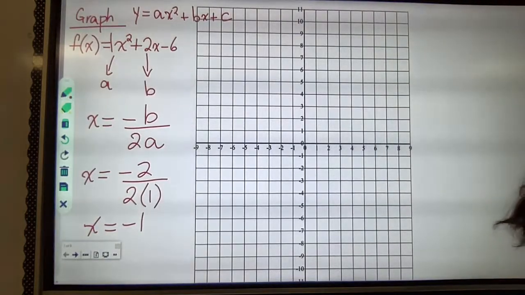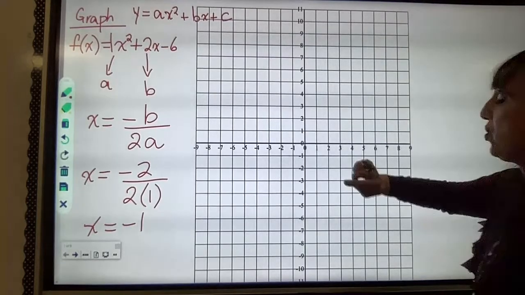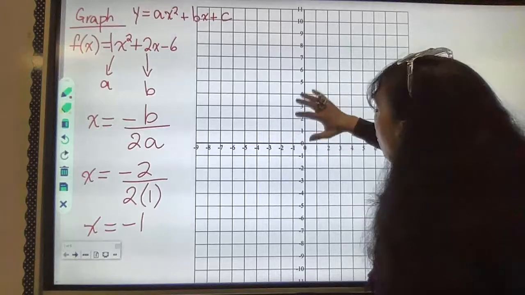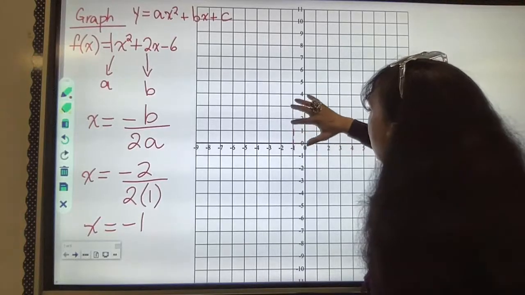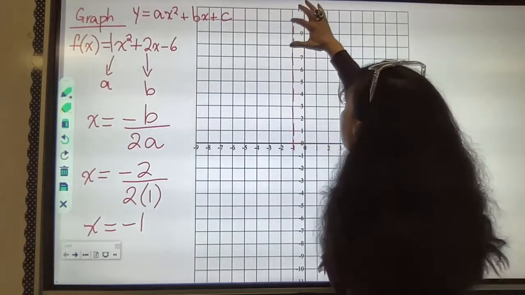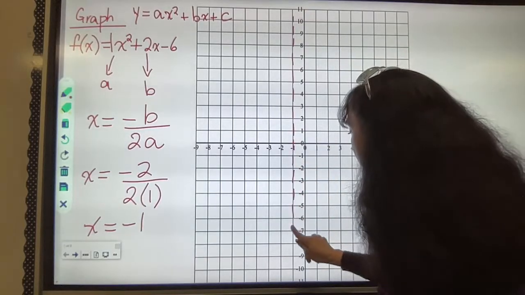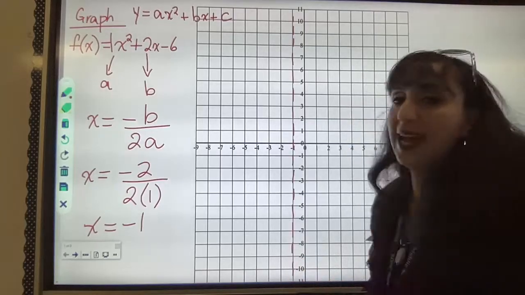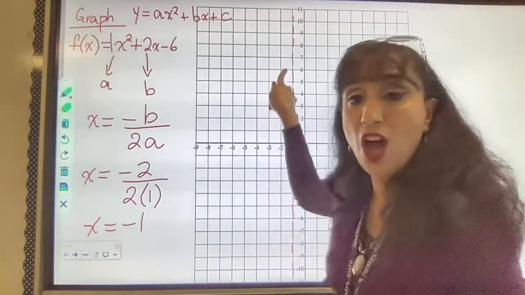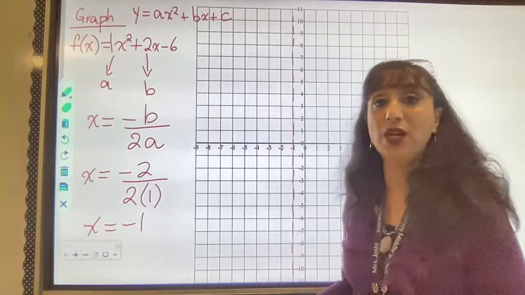All right, so now what I'm going to go ahead and do, before I do anything else, I'm going to go to -1 and I am going to just draw my dotted line to tell me where my axis of symmetry is. So this is my axis of symmetry. Okay, so my vertex is going to fall on this axis of symmetry, which is at -1.